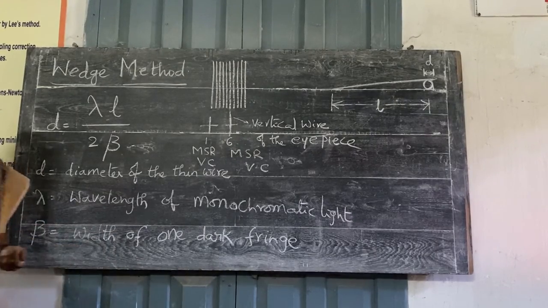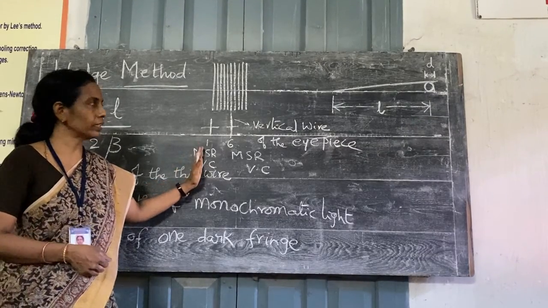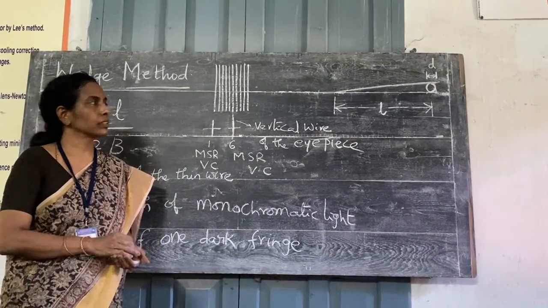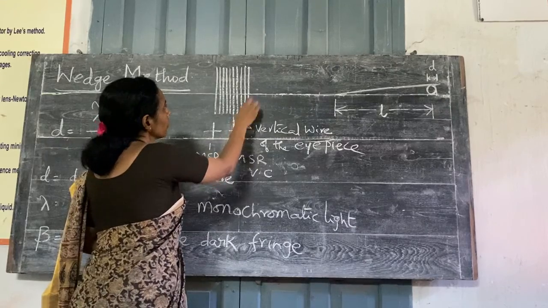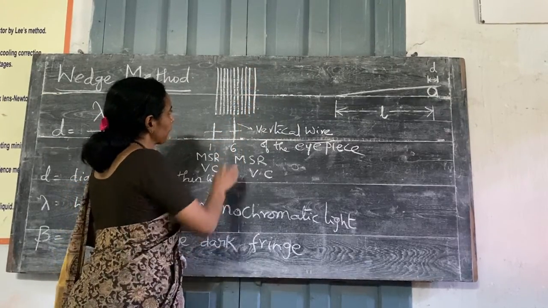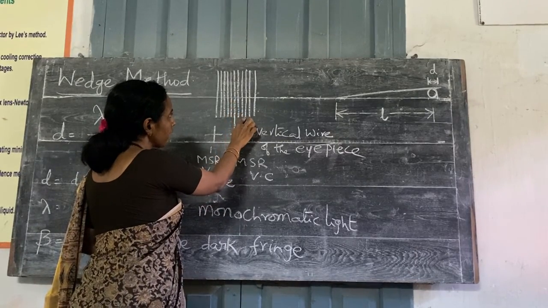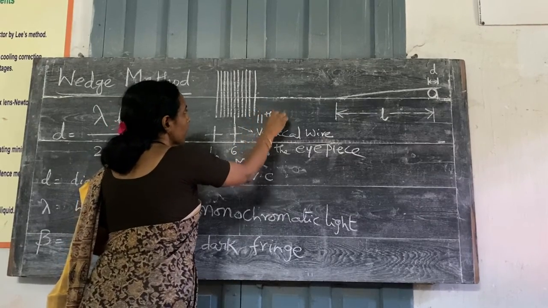Again, we will move the vertical crosswire after 5 dark bands: 1, 2, 3, 4, 5 dark. So this is the 6th bright fringe, 7th, 8th, 9th, 10th, 11th. This is the 11th bright fringe.